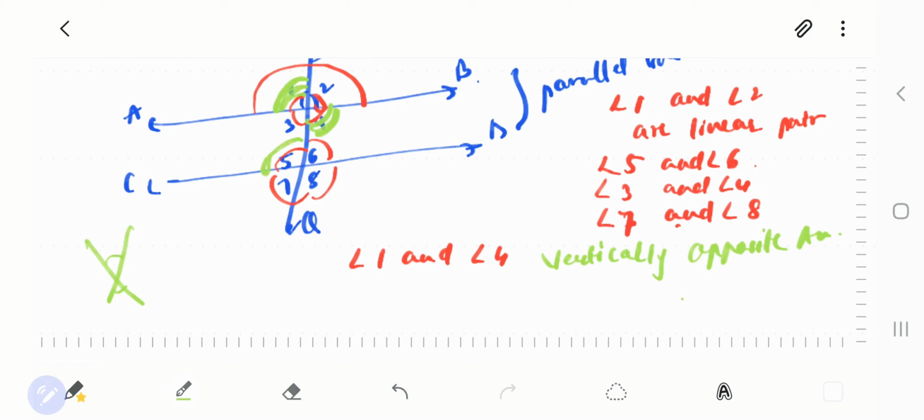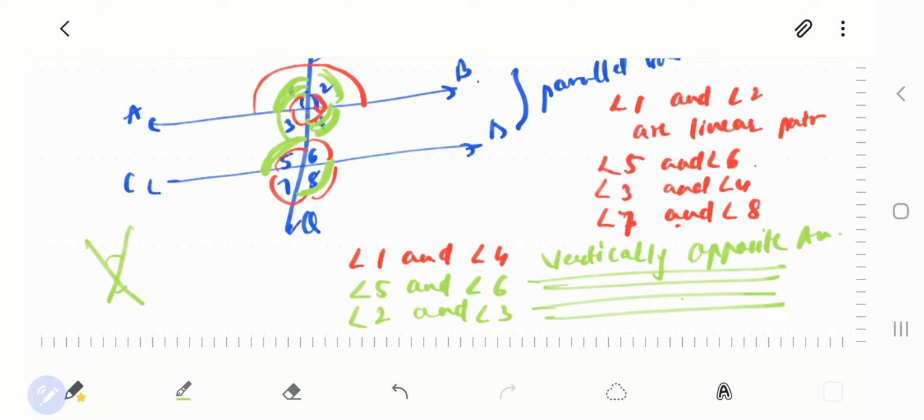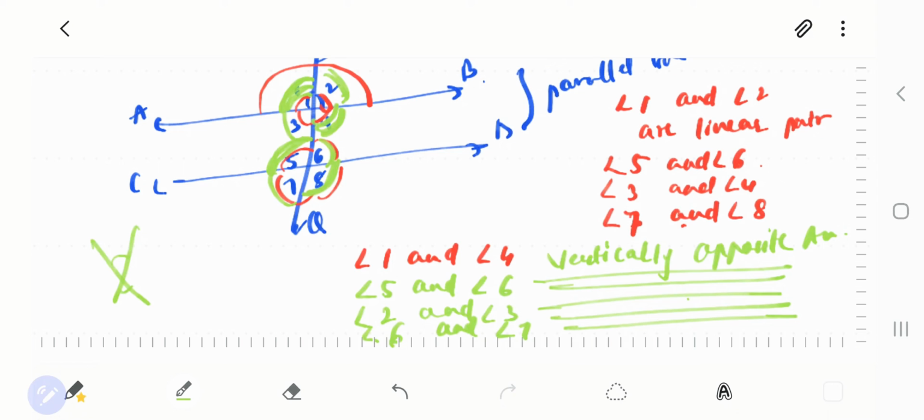Here another, angle 5 and angle 6 also vertically opposite angle. Angle 2 and angle 3 also vertically opposite angle. Angle 7 and angle 6 also vertically opposite angle. So you got the concept of linear pair that is formed on one line, and did you got the concept of a vertically opposite angle, that is X forming angles.